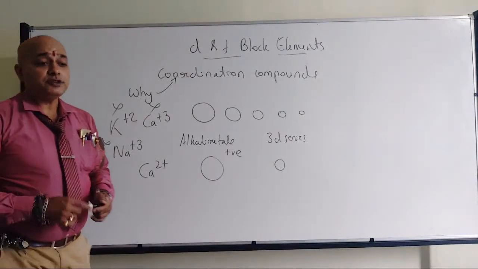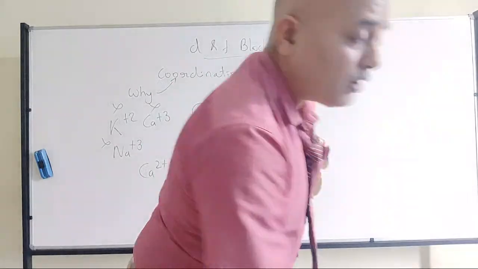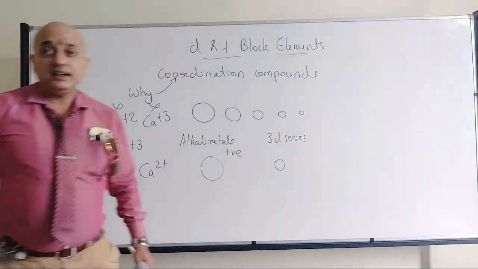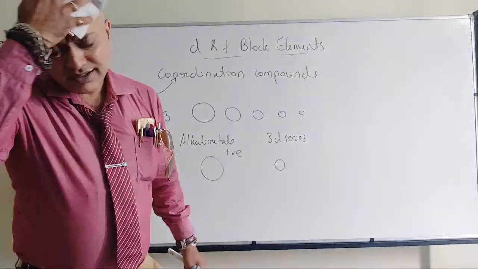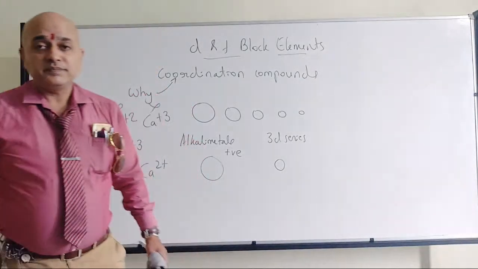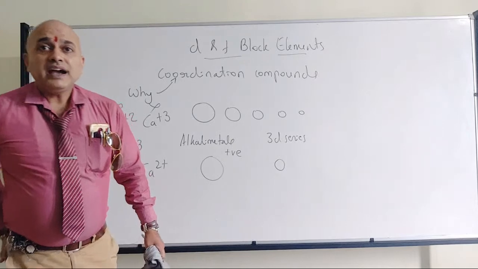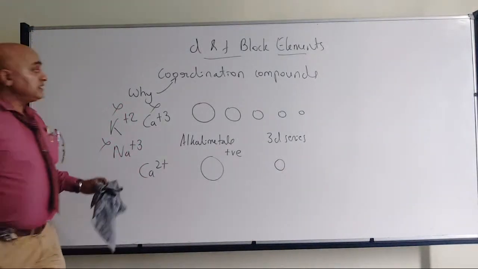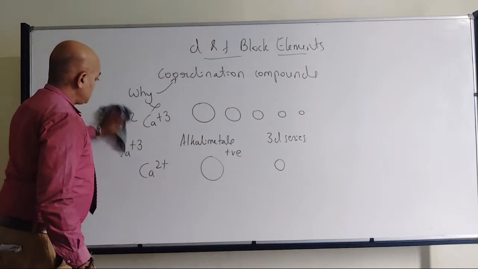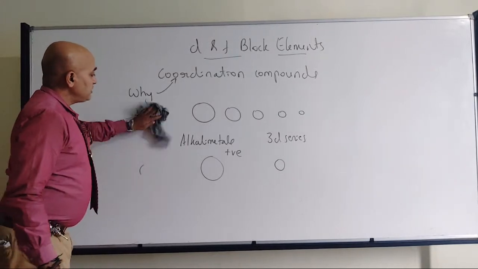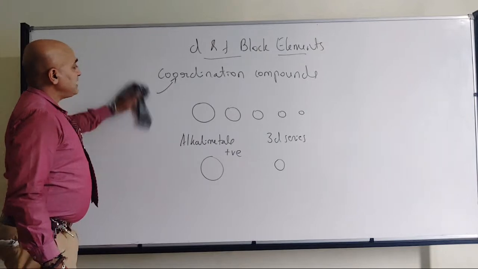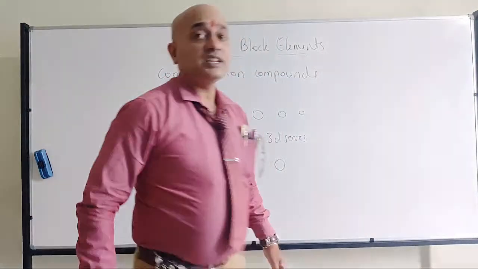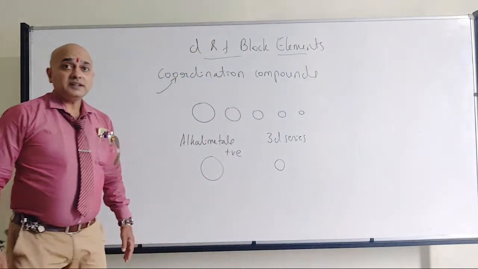So what I mean to say is, when I am talking about alkali or alkaline earth metals, their valence is constant. There is no variation. They have a valence of +1 or +2. But when it comes to transition metals, it is variable. They can have multiple positive charges.